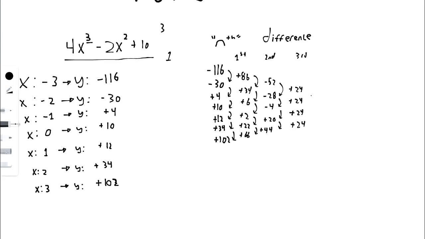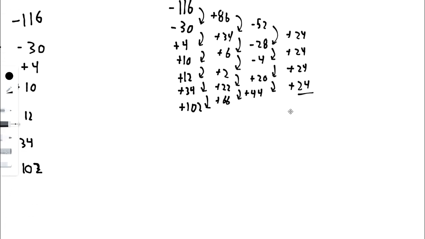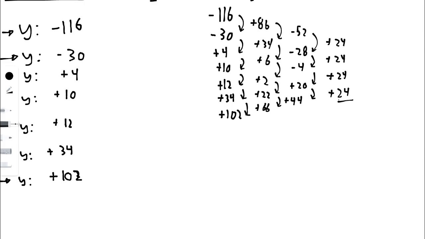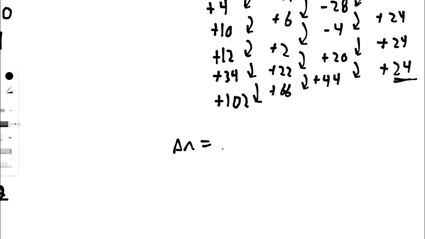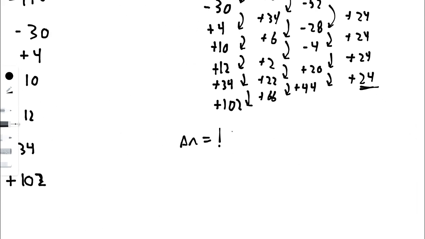So the cool thing about this number right here is that it is equal to, I'm going to call it the nth difference, the factorial of the degree, so in this case 3.